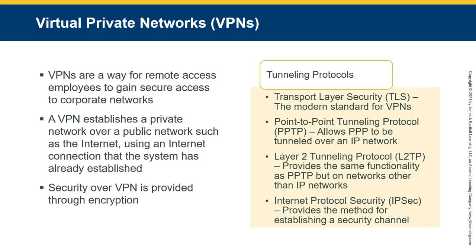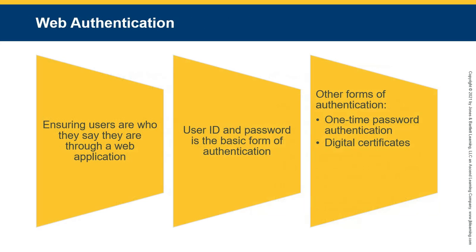Tunneling protocols: Transport Layer Security, the modern standard of VPNs. Point-to-Point Tunneling allows PPP to be tunneled over the IP network. Layer 2 Tunneling Protocol provides the same functionality as PPP but on networks other than IP networks. Internet Protocol Security provides a method for establishing a secure channel.